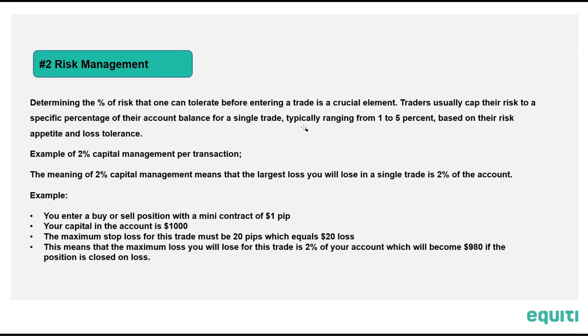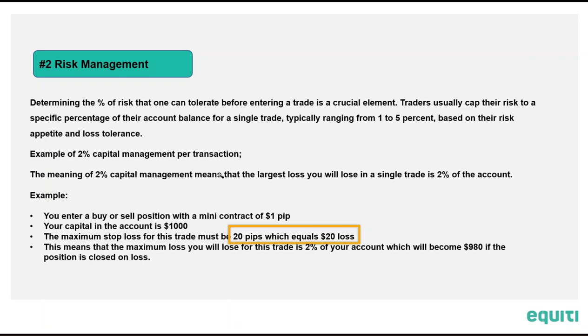Now an example of 2% capital management per transaction. The meaning of 2% capital management is that the largest loss you will take in a single trade is 2%. You can adjust that to 5% based again on the capital in your account. You enter a buy or sell position with a mini contract of 1 pip. Your capital in the account is $1,000, and the maximum loss of the trade must be 20 pips, which equals a $20 loss.